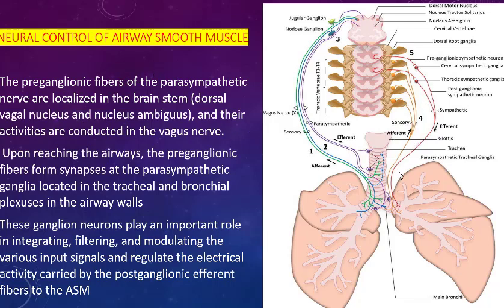So the preganglionic fibers originate from the brain stem, and they supply the lungs and bronchi, or the airway muscles.